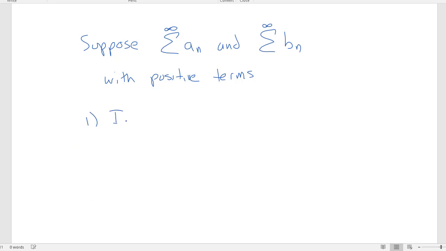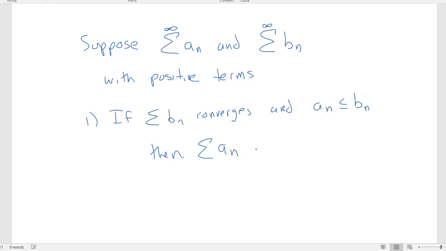So if b sub n is convergent, and we can show that my series is smaller than the known convergent series, then since my known convergent series is bigger, anything smaller also has a sum that is finite. So if b sub n is known to be convergent and I can show that my hunch is bigger, then we would conclude that a sub n also converges.